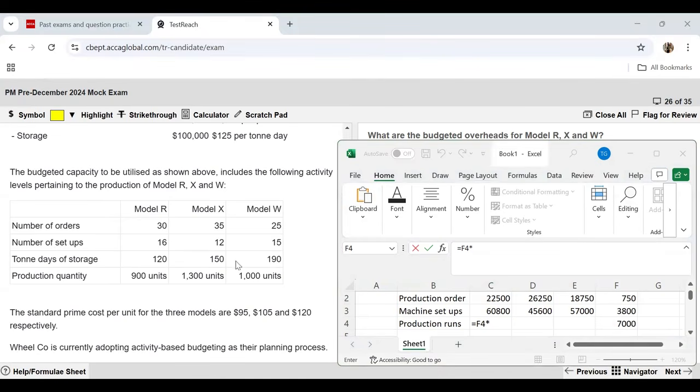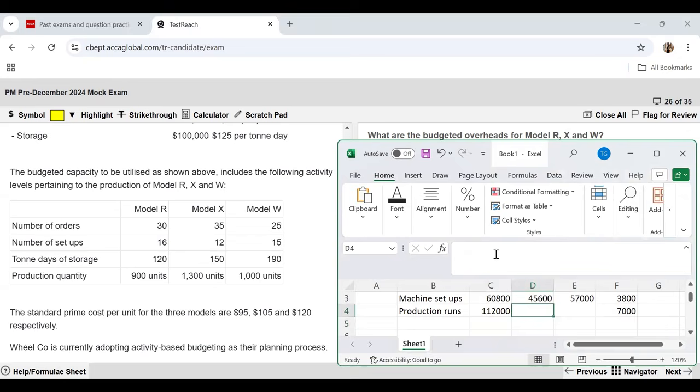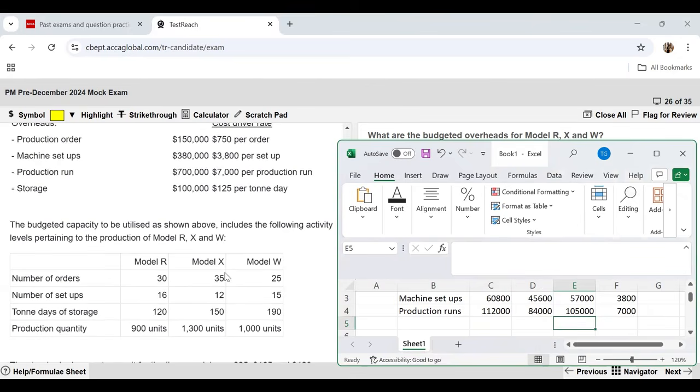But we do have the number of setups given to us. So we're going to use exactly the same 7,000 multiplied by 16. Then you're going to take 7,000 multiplied by 12. And then you're going to take 7,000 multiplied by 15. This is how you're going to divide for the setup costs, production runs, right?